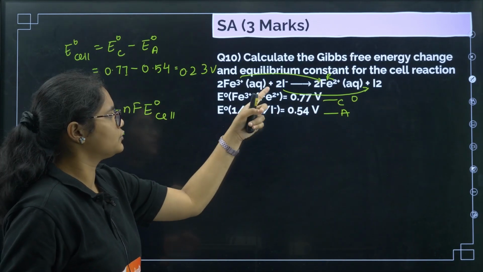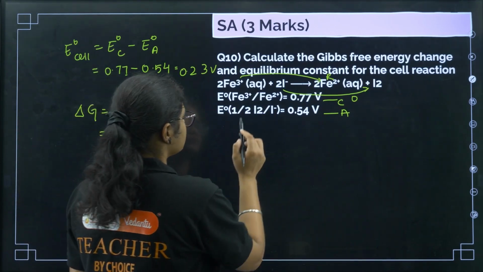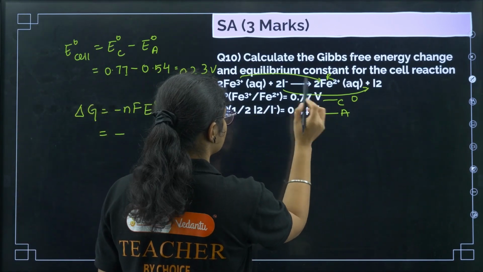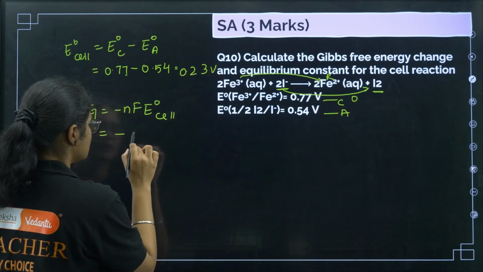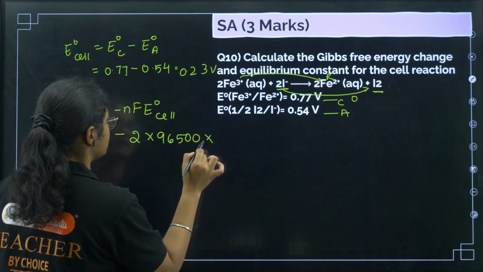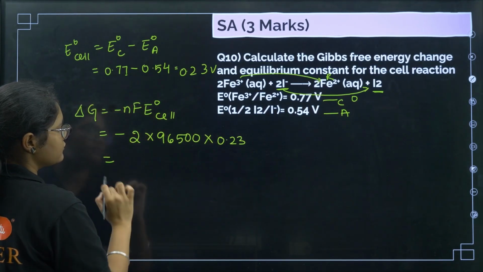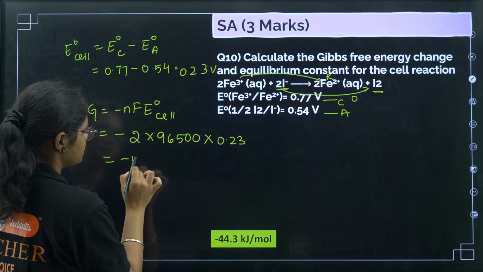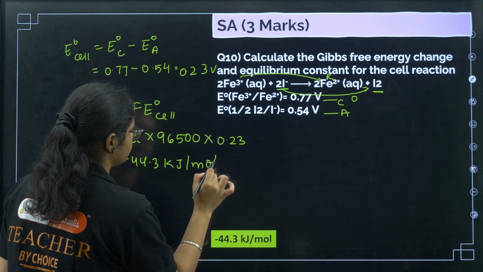So we have 2 Fe3+ and 2 I- going to I2, so the total n factor is 2 here. F is 96500 and E naught of the cell is 0.23 volt. After you solve this, you will get around minus 44.3 kilojoule per mole.